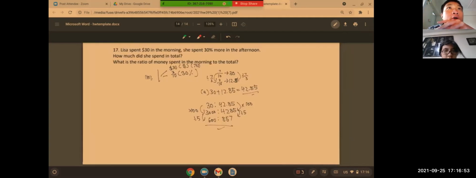Okay, let me quickly hold on. She spent 30% more. How do you do 30% more? You can highlight the words 30% more.